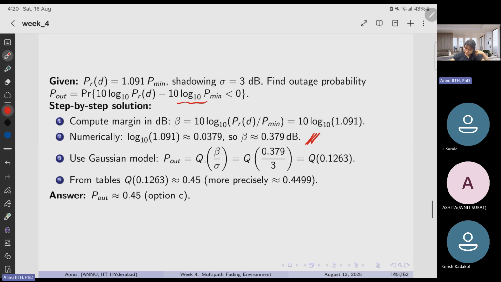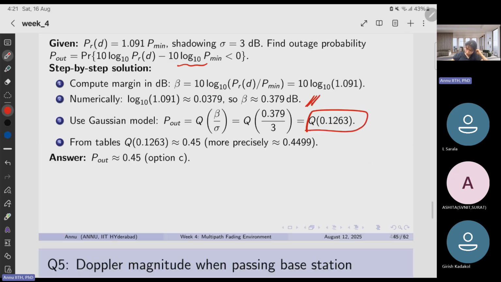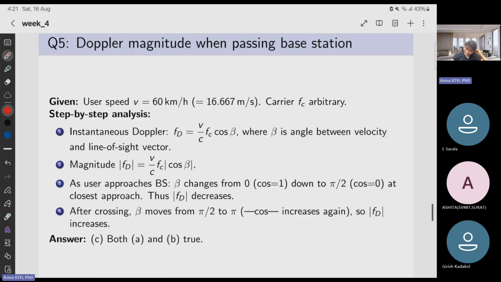So P out is equal to Q of beta divided by sigma. Beta is equal to 0.379, divided by 3, and it is equal to Q of 0.1263.